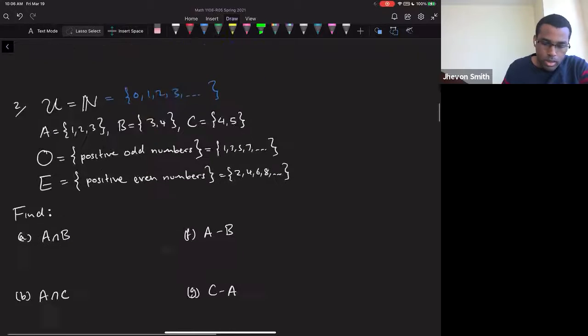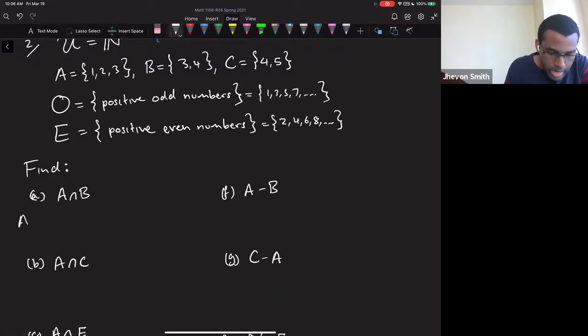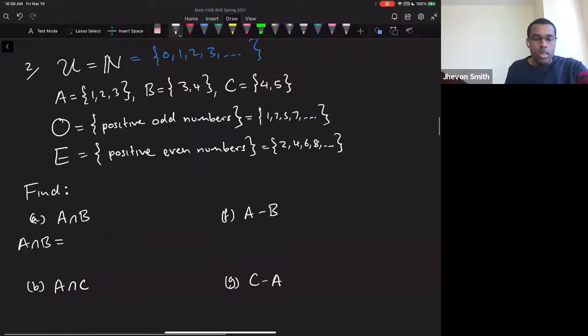Okay, now let's go back here. All right, A intersect B. So A is the set {1, 2, 3}, B is the set {3, 4}. What is the intersection? Three.